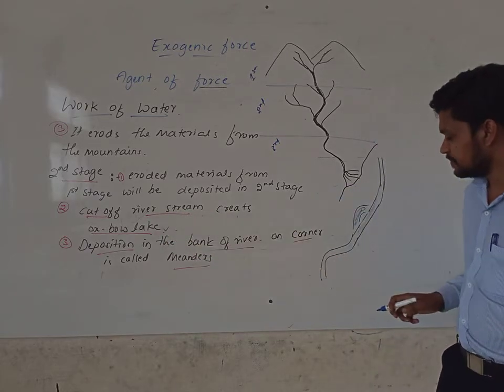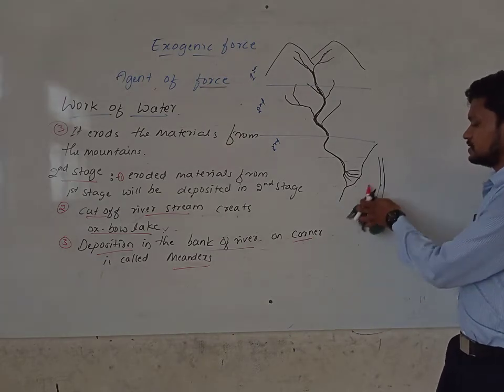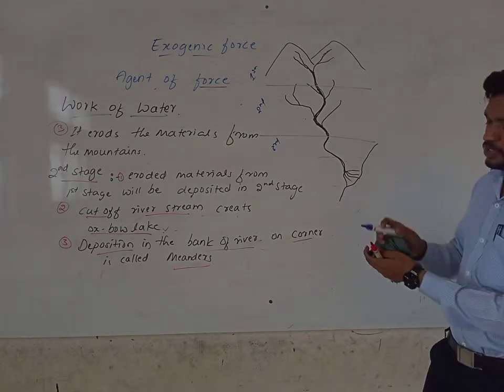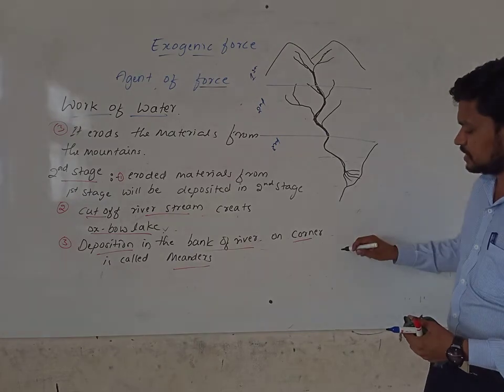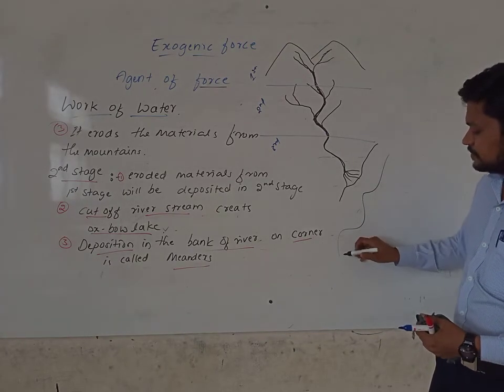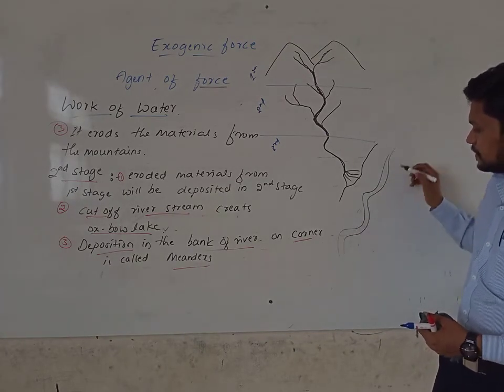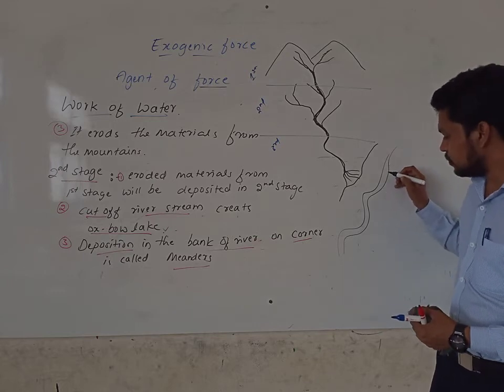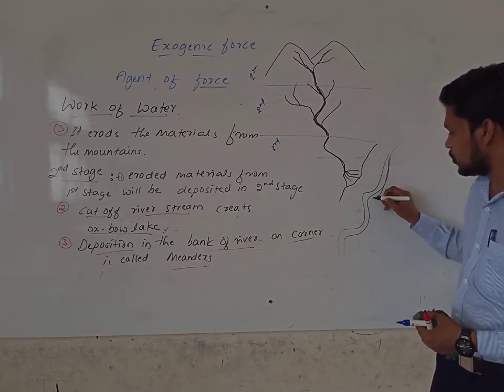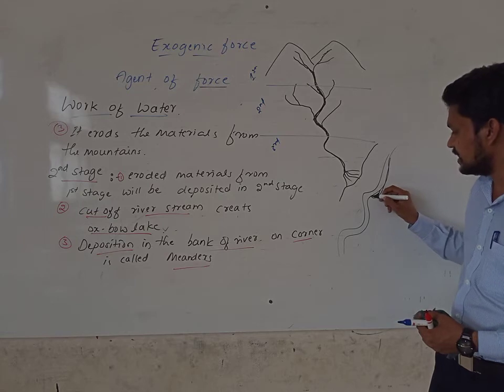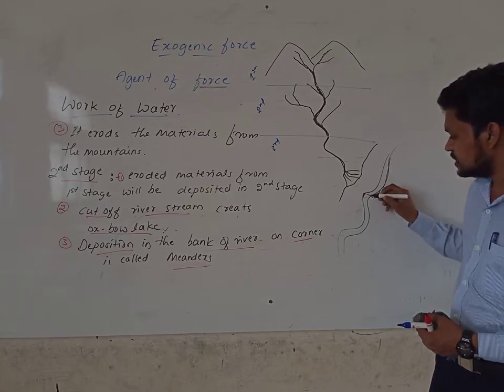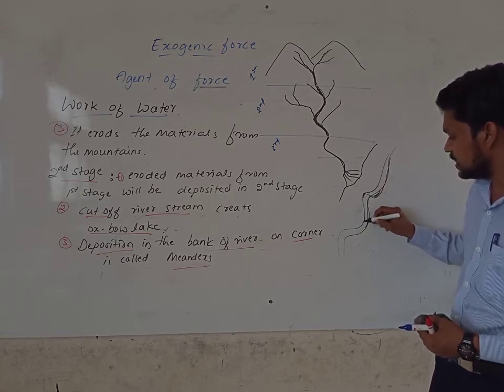Then in some other portions of the same river, or in some other rivers, the flowing water erodes the material here, then deposits in this part. It erodes the materials and deposits here.